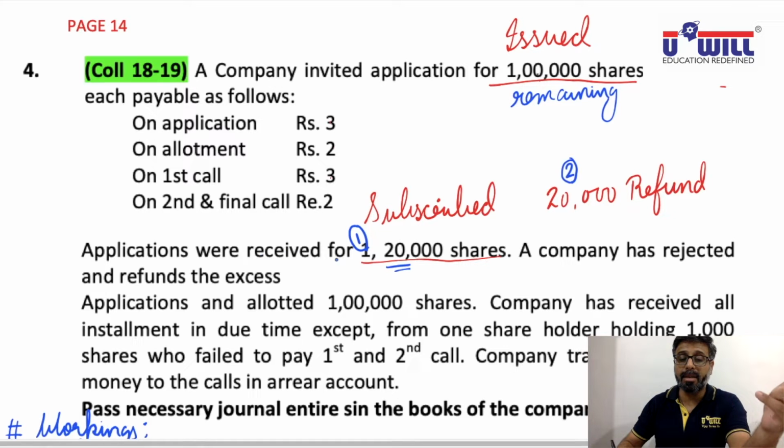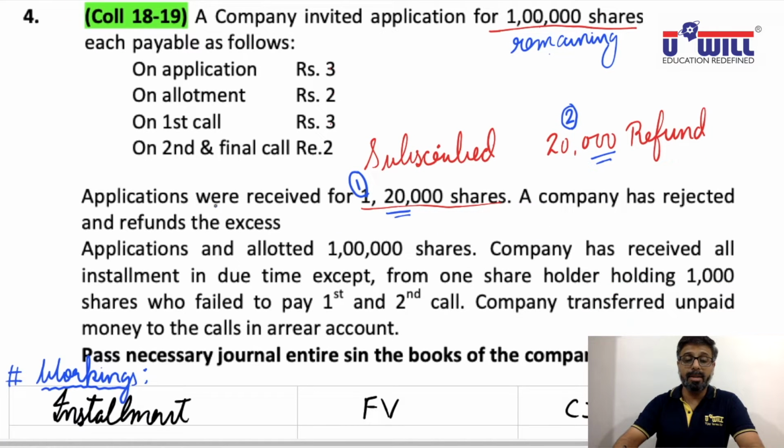In second entry, because it's oversubscription, we have to refund. Against 1 lakh shares issued, we received 1,20,000 shares. So in the second entry, we will refund the money on 20,000 shares. And after that second entry, refund of 20,000, all remaining entries will pass with 1 lakh shares. A company has rejected the excess applications and allotted 1 lakh shares.